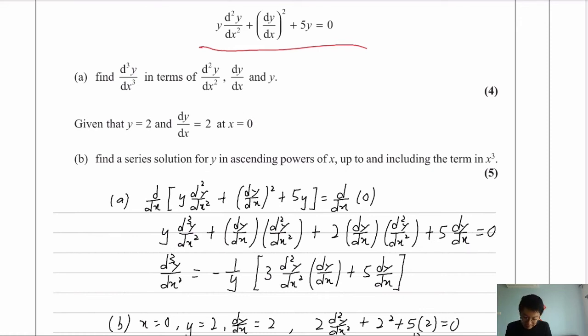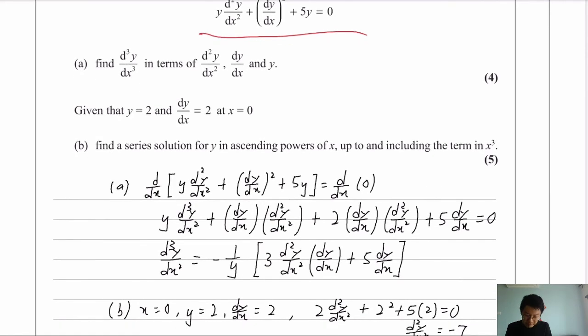We look at it term by term. For the first term, when we want to differentiate it again, we have to use the product rule. The first part is obtained when we fix y and differentiate the d squared y. The second part is when we fix the d squared y and differentiate the y, so that's why we get the dy dx here. For the second term, dy dx the whole thing squared, we differentiate it like an expression which has a power.